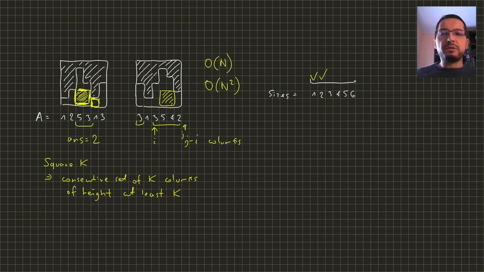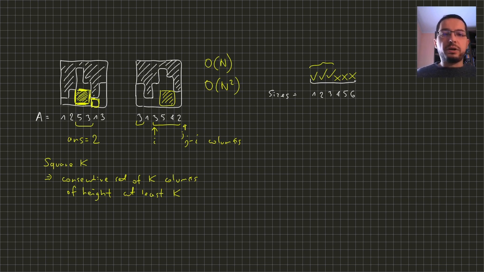But for instance, the square of size 6 will be definitely too big. So here we will have answer no. If we try every possible size, we will see that 3 is OK and 4 and 5 are not OK. In this particular example, we will see that there are some answers yes that are in the prefix of this array, and the other answers are no.